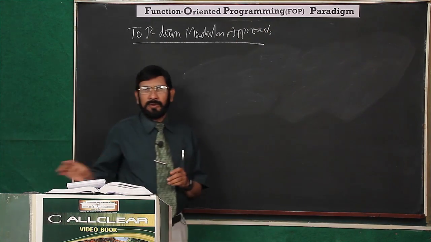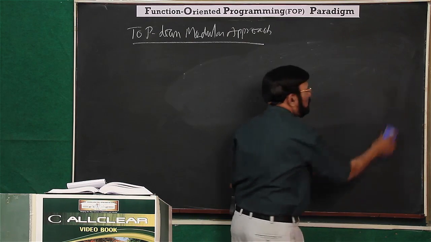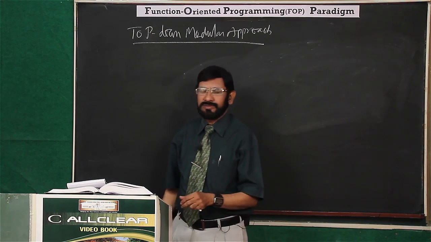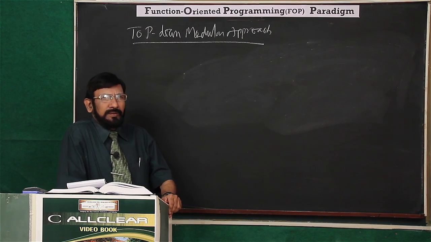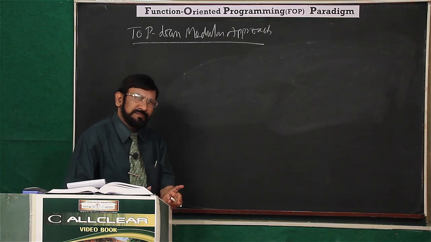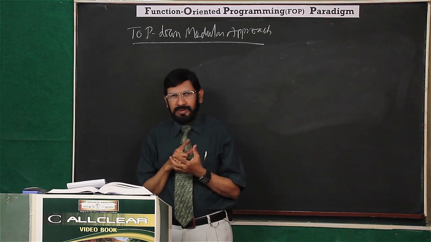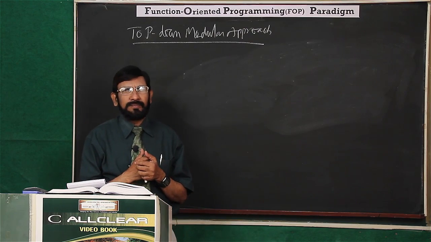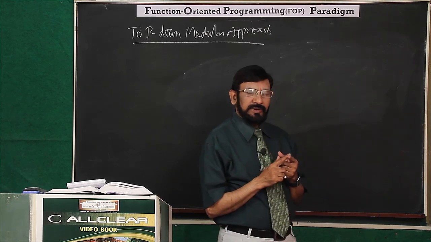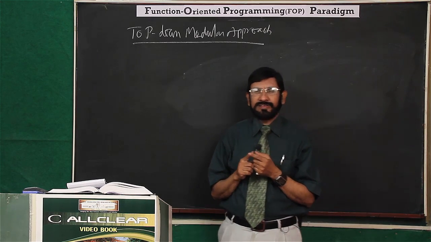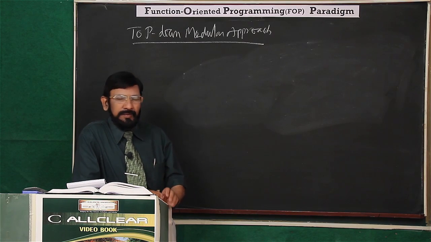This top down modular approach we can understand through two real life examples. In real life, there are two massive tasks. One is construction of a building. Second one is organizing a marriage function. These both are very massive tasks.